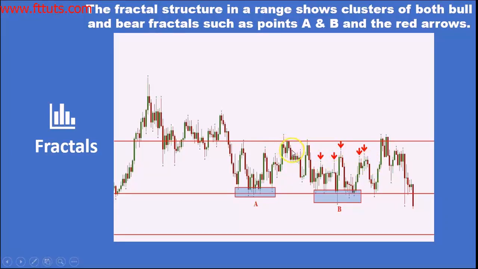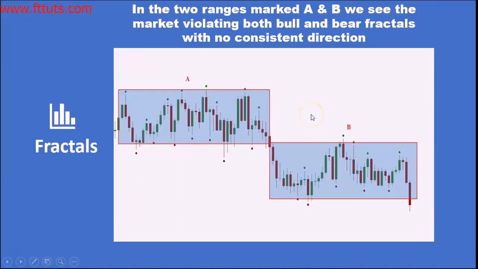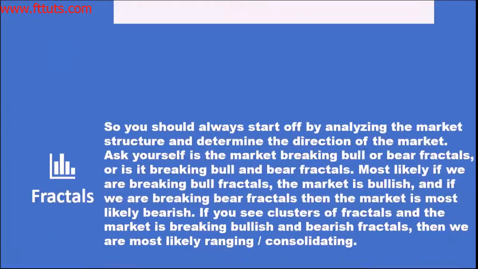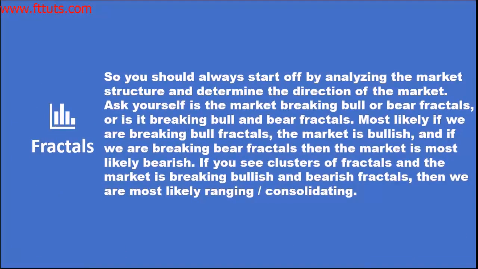That lets you know the market's consolidating, ranging, or whatever. In the two ranges marked A and B, we see the market violating both bull and bear fractals with no consistent direction.